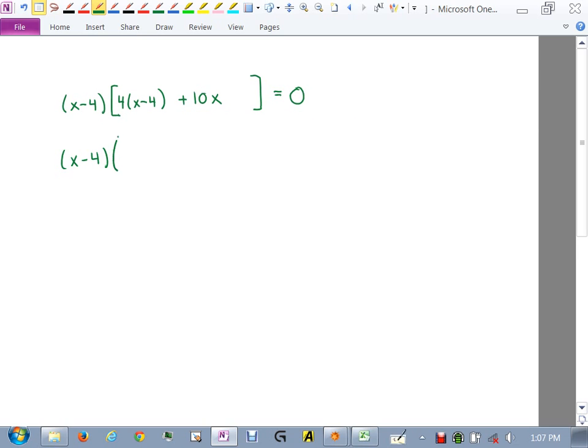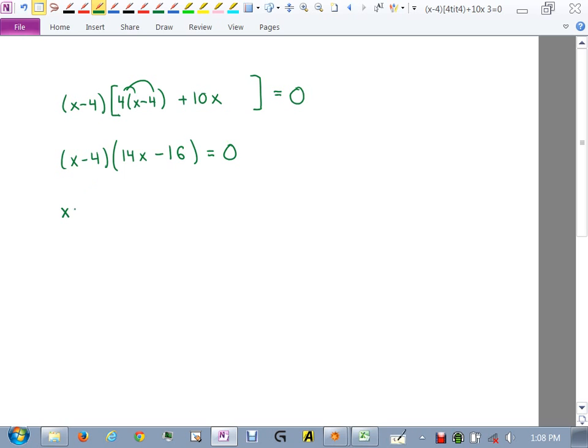I can write parentheses. How many x's will I have? 14 x's, right? 14. And then we had, what, minus 16? So minus 16 equals 0. See, it's already factored now. I have two things that multiply to be 0, so set them each equal to 0.